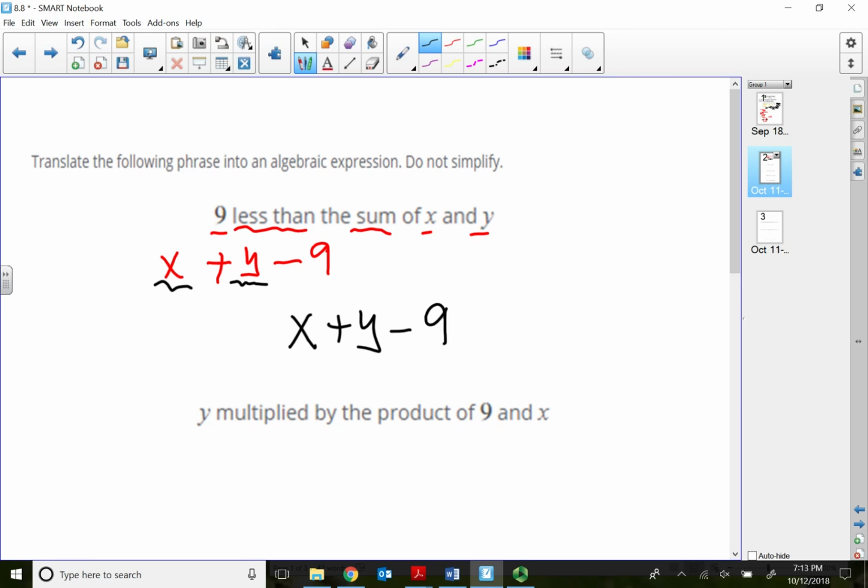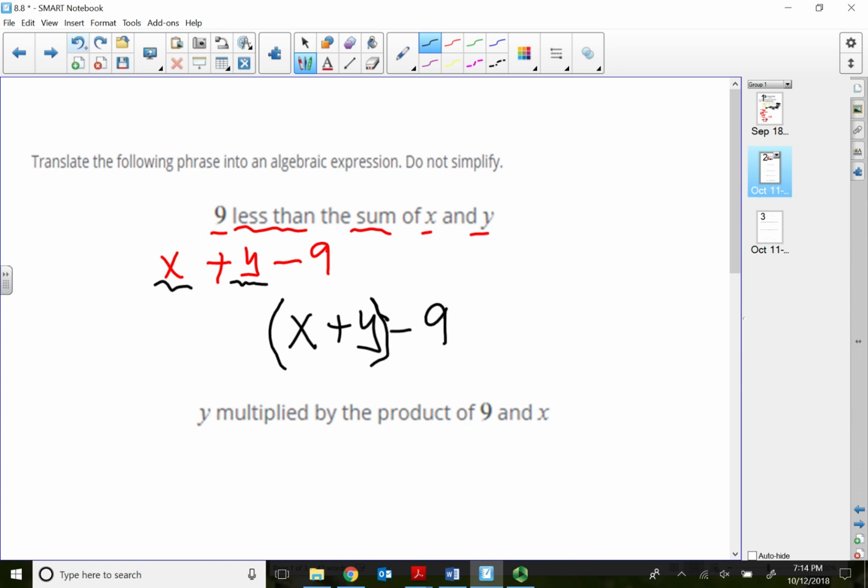So this problem is basically saying x plus y minus 9. Okay? But that's not exactly what it says, is it? Does the problem ever say y subtract 9? Or 9 is less than y? No, the problem actually said 9 is less than the entire sum of x and y. That's the reason why the x plus y got to be in the parenthesis first.